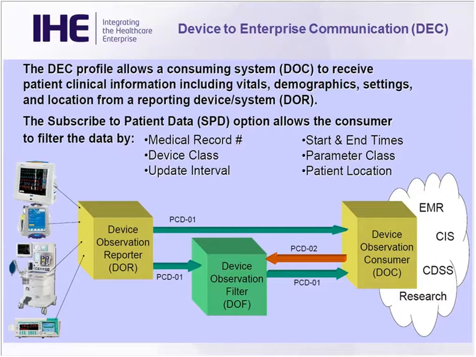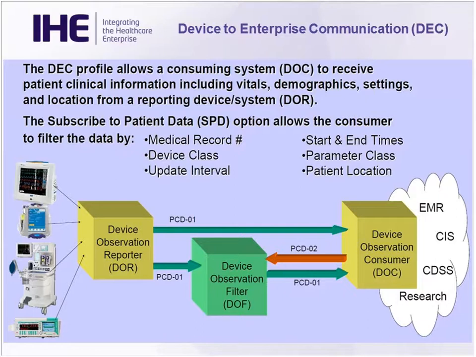Now I'll get into a one-pager synopsis of each of the major profiles within the PCD domain. First and foremost is the device-to-enterprise communication. If a device has an observation that needs to go into the patient's medical record, or is used for decision-making purposes or for research, we need a common way of getting that information from the device into the storage facility or the consumer of it.